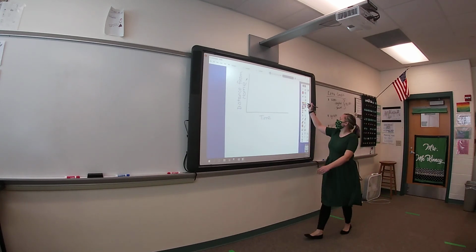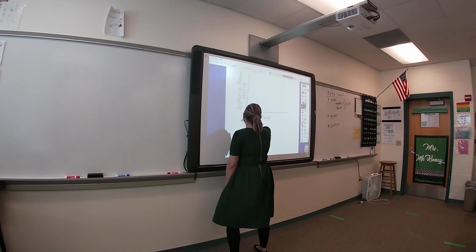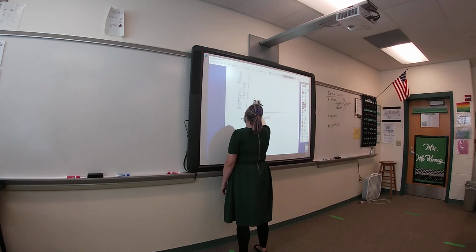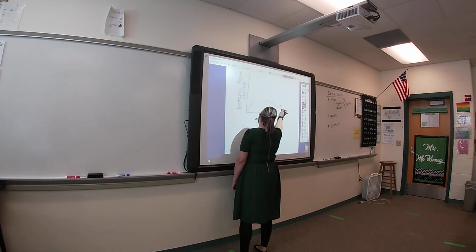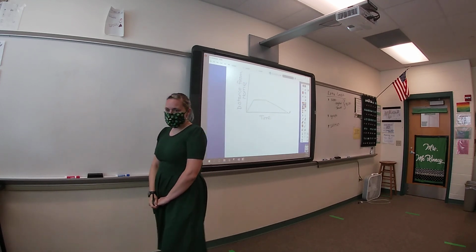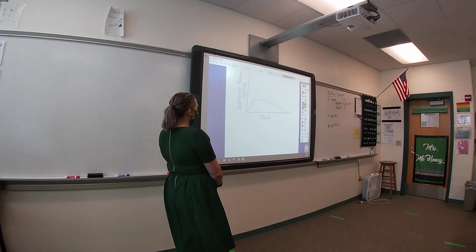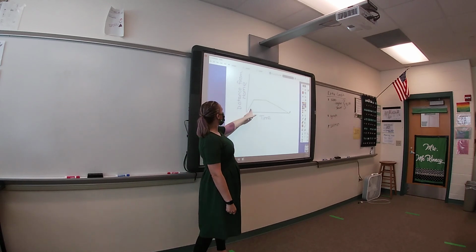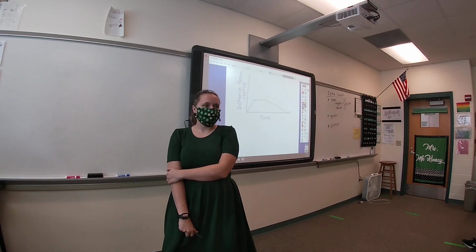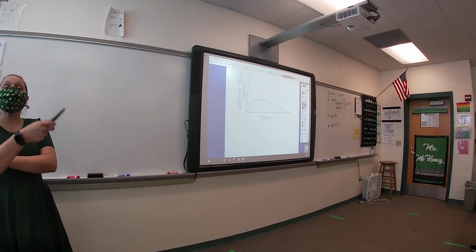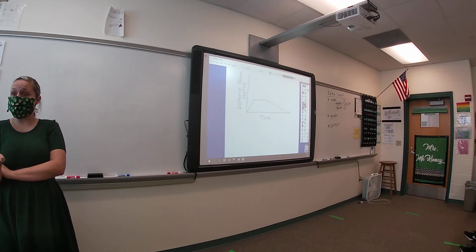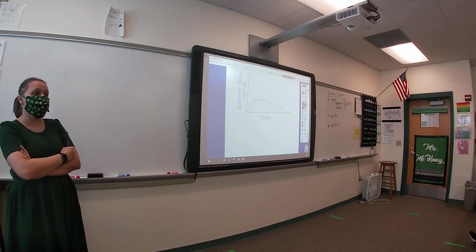Okay, and here's how I'm going to represent my bike ride. So what's happening first on my bike ride? Okay, so my speed is quicker, and what am I doing? I have an increasing distance from home.